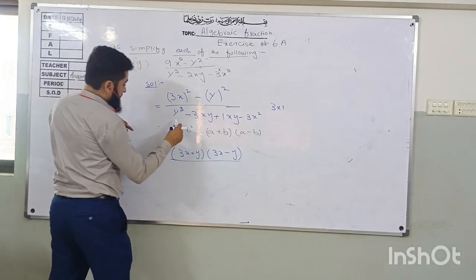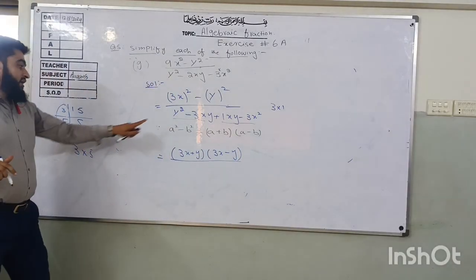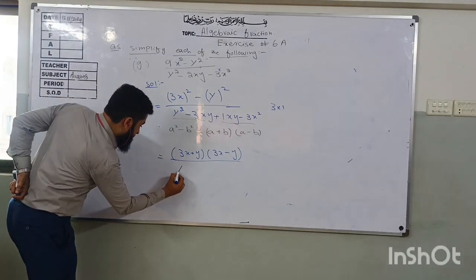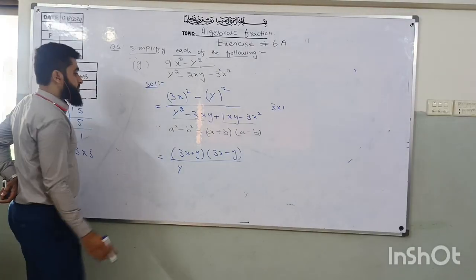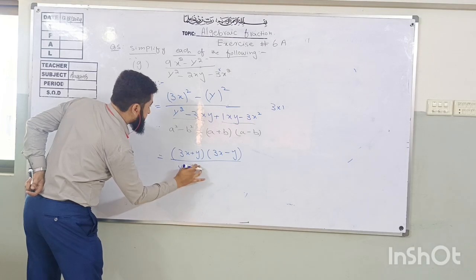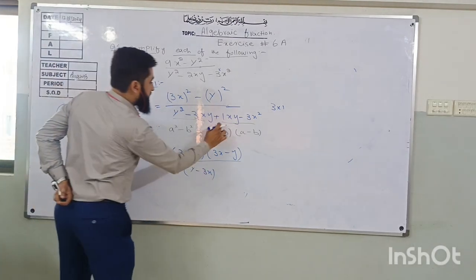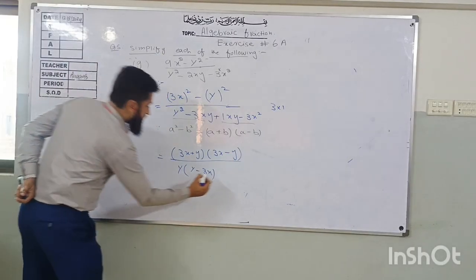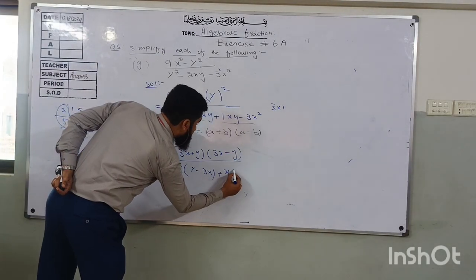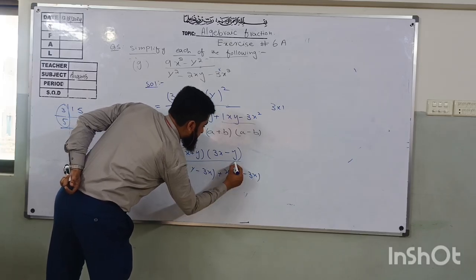Okay, in this case, from this group what is common, and from this group what is common, we will check that. Here y is common, y is remaining in the bracket, minus 3x. Understand? In this case what is common? X is common, plus x common, and y minus 3x again remaining.